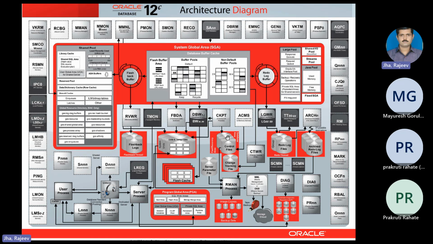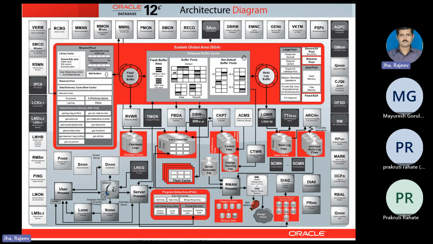What is the use of the control file? How does it work? What is the impact there? What is the use of the log files? What is the use of the tracking file? What is the use of the PGA? Got it? So all those, plus the background processes. What is the use of a particular process, like the MMON process, PMON process, or other processes? So we will talk about this and then you can get the idea.